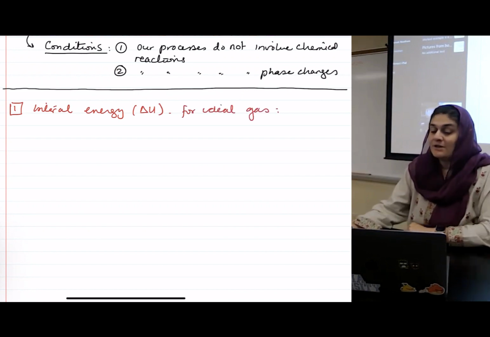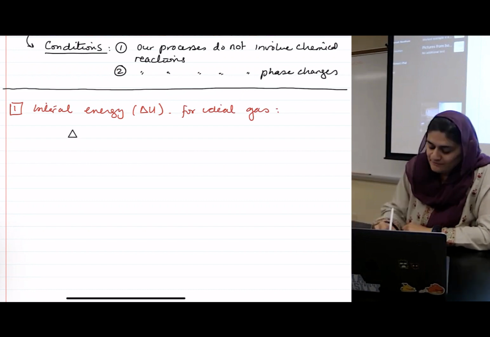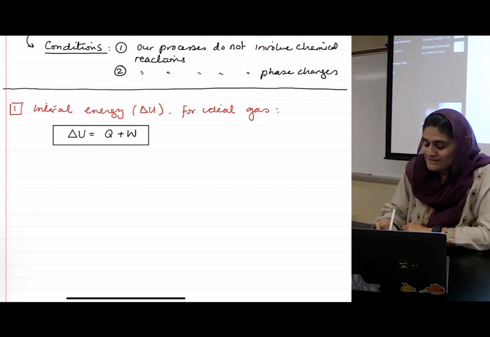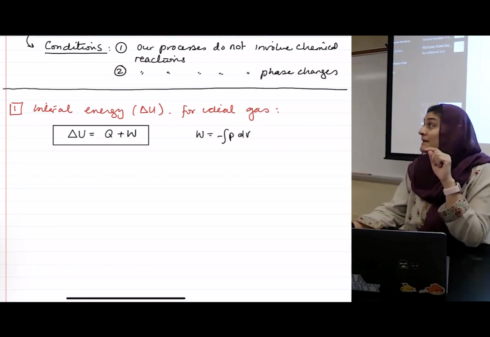Anybody remember the first law? Guys, we should really remember this law. It is going to become essential. The first law. What is delta U? What is Q? What is W? And what is the definition of W? Good, right? Heat into the system is positive or negative?